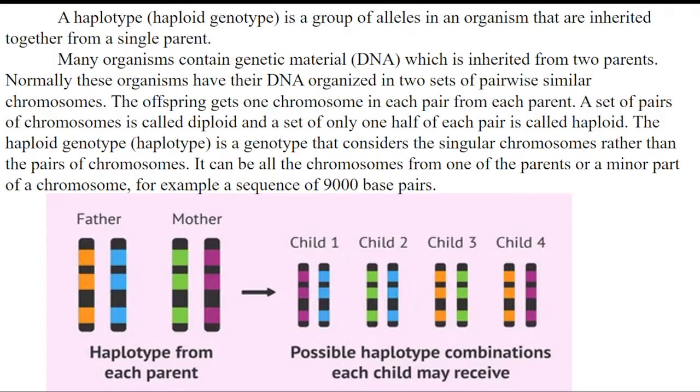A set of pairs of chromosomes is called diploid, and a set of only one half of each pair is called haploid. The haplotype is a genotype which considers the single chromosomes rather than the pairs of chromosomes. Each can be all the chromosomes from one of the parents or a minor patch of a chromosome, for example, a sequence of 9,000 base pairs.